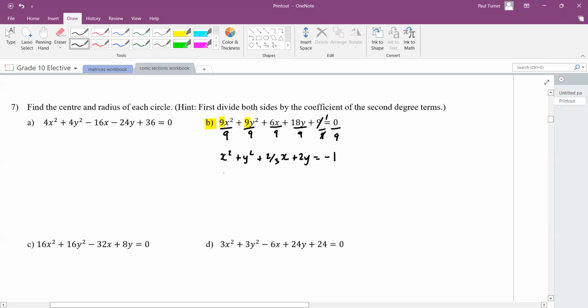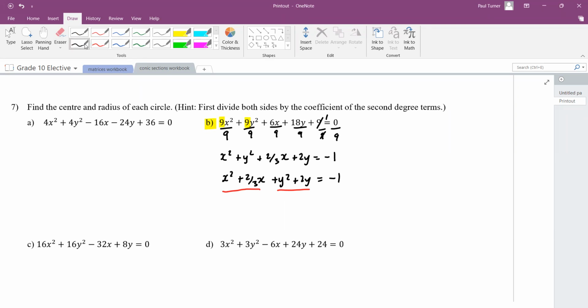So then let's group our x's. x squared plus 2/3 x plus y squared plus 2y equals negative 1. And now we'll complete the square on both x and y. Let's try that. So we'll have x squared plus 2/3 x. Now half of 2/3 and square that.